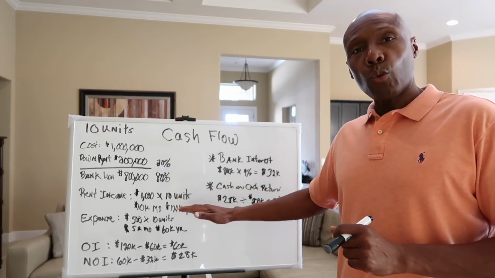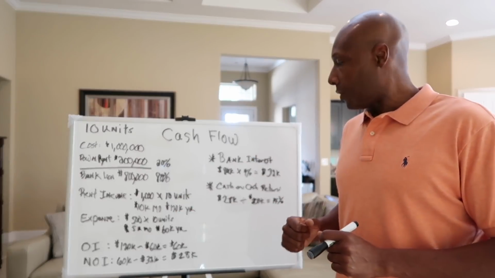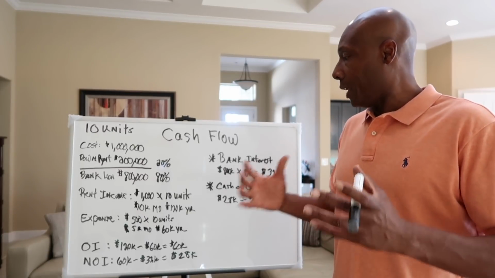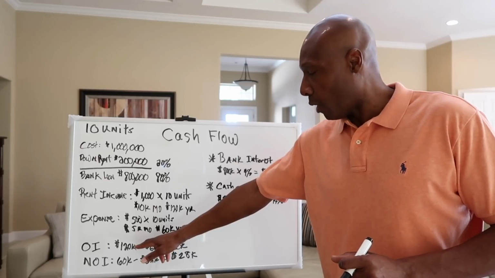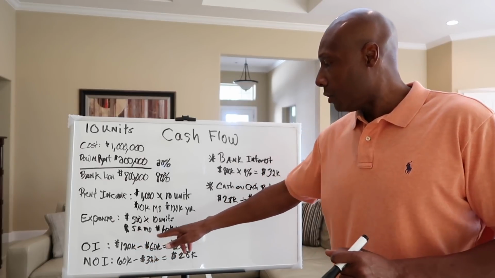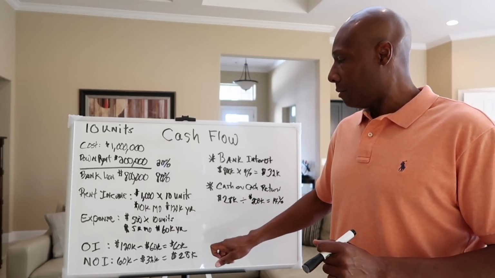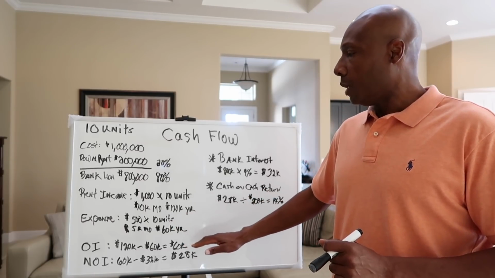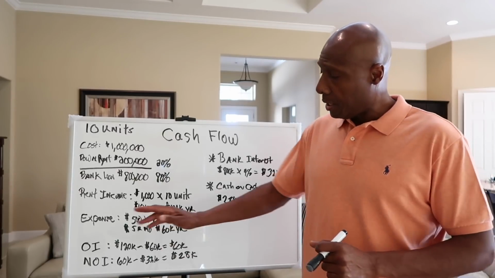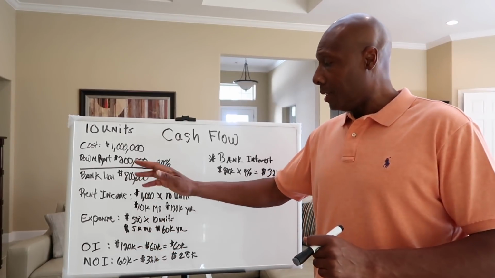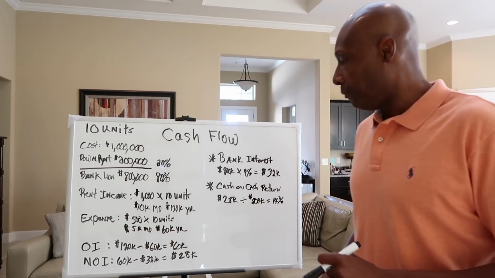You times that by 12, you get $120,000 a year in gross rental income. Minus your expenses, which is again $60,000, which leaves you an operating income of $60K.